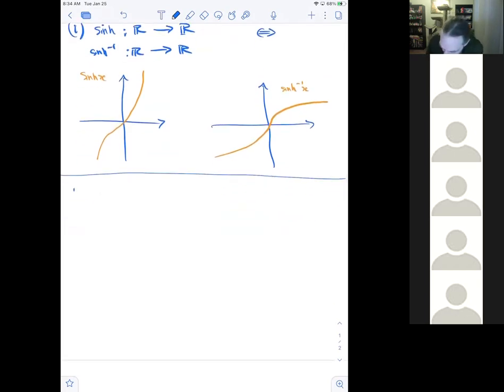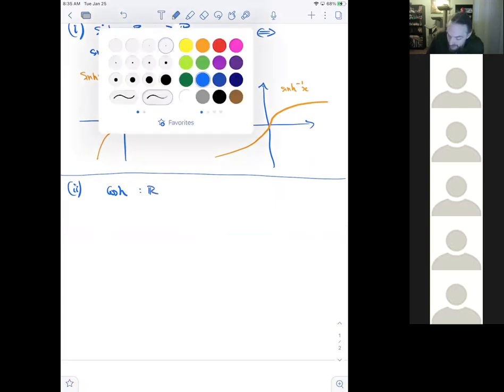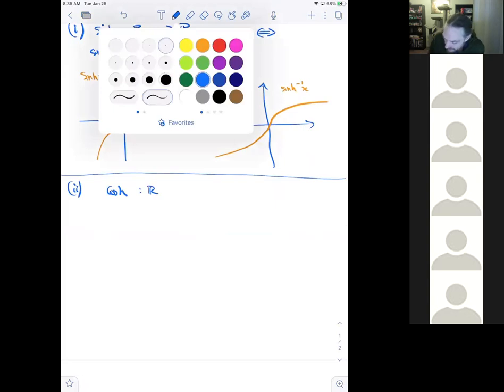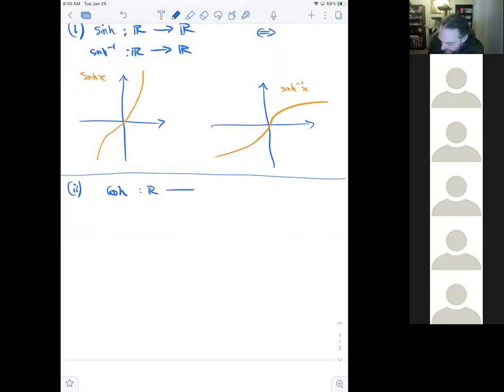So 2 is cosine hyperbolic. Cosine hyperbolic is a function which is going from where? Technically speaking, R into 1 to infinity, but this is not 1 to 1.